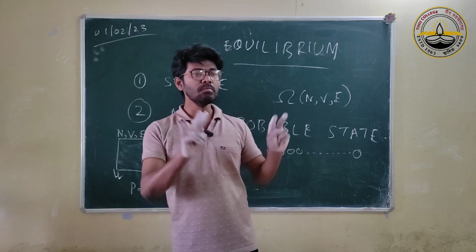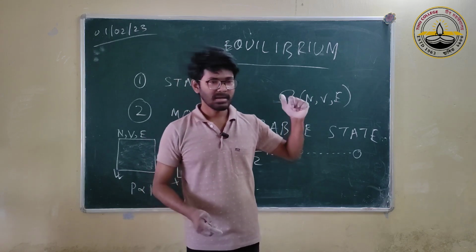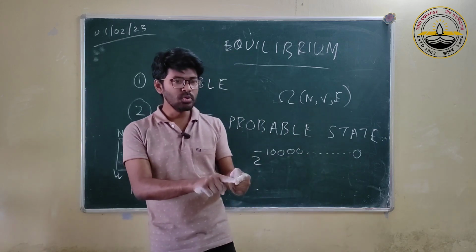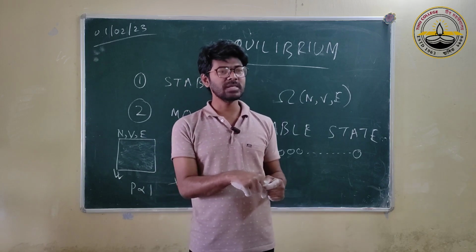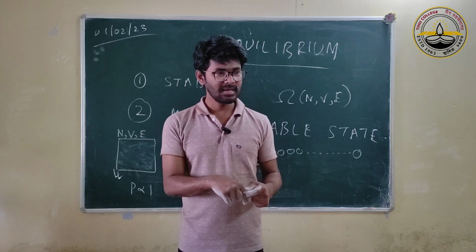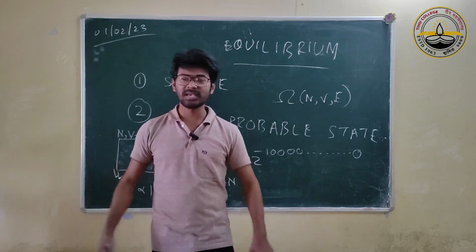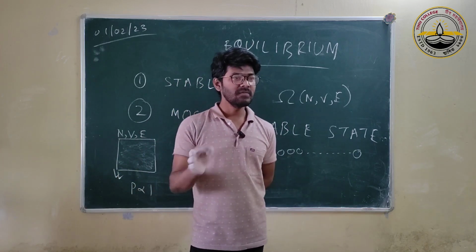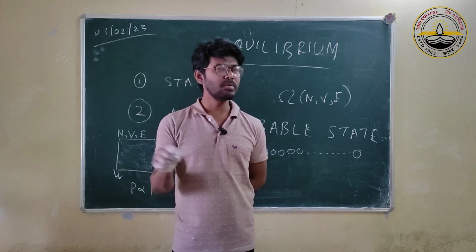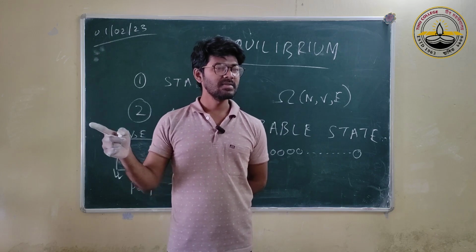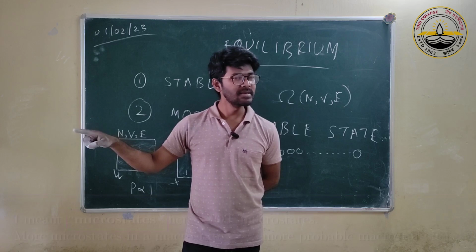But if I give you 2 macrostates, where in one case I ask, what is the probability that either 2 or 3 will come? That's 2 times 1/6, 1/3. And then I ask about another macrostate, where I'm happy if either 1 or 4 or 6 comes. So what is the probability of that macrostate? 3/6, that is half. So that is more probable, right?